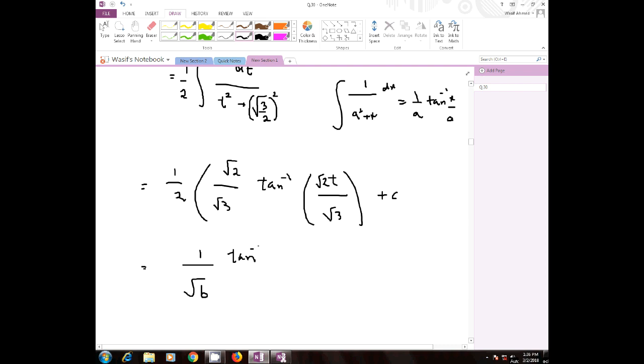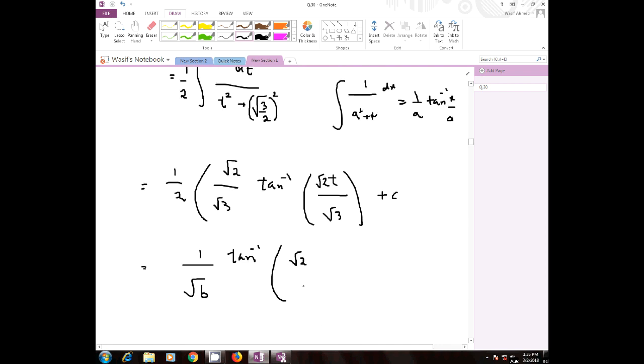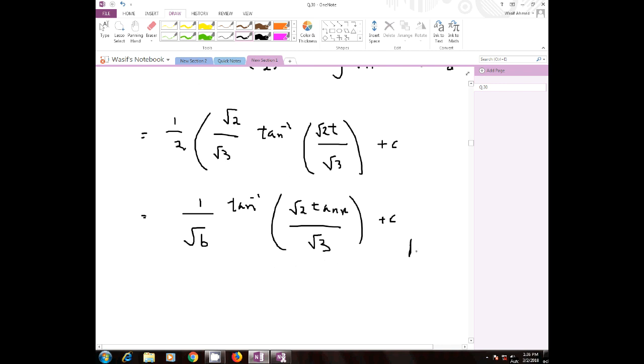Tan inverse of square root 2 tan x divided by square root 3 plus the constant of integration. So this is your answer.